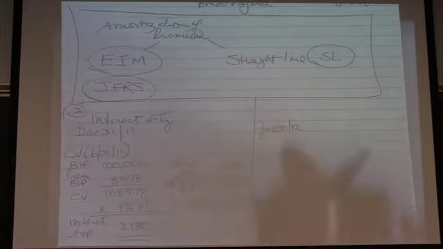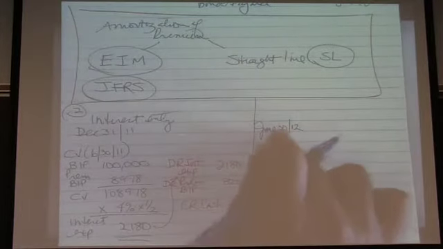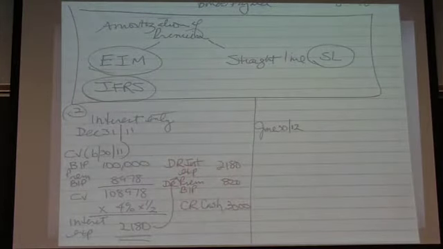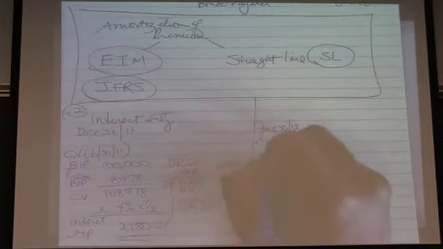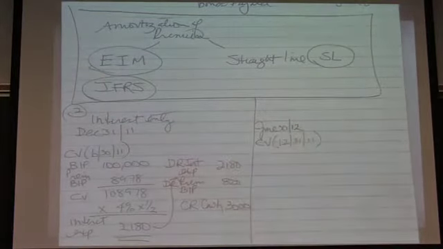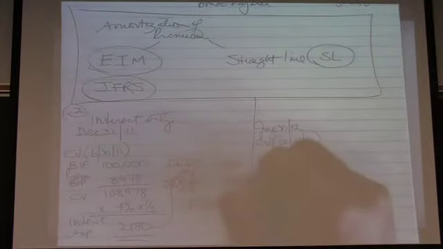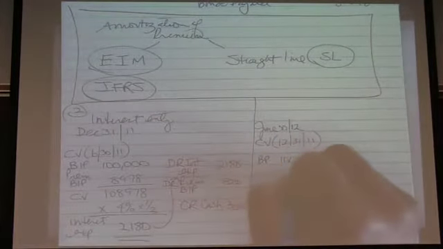Now, when I'm doing the June 30th, 2012 entry, here's what happens. On this date, when was the last time interest was paid? Well, I already paid the first set. So I'm looking for the carrying value as at December 31st, 2011. And by the way, there's no shortcut way. This is what you got to do. Now, bonds payable is still $100,000.